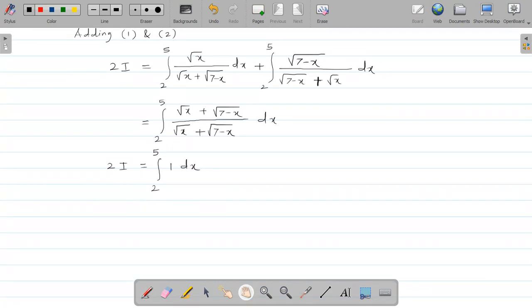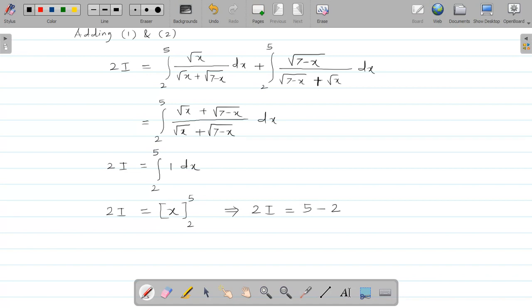Now it is very easy to integrate. We know that the integration of 1 is x, and the left hand side is 2I. Now we have to put the limits of the integration, from 2 to 5. So that implies 2I is equal to, now put the limits here. First of all, in place of x I will write 5, minus in place of x I will put 2.